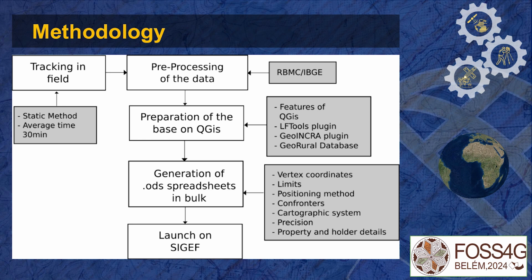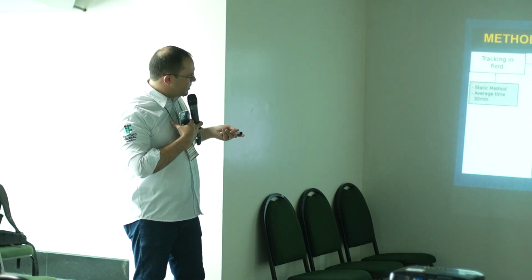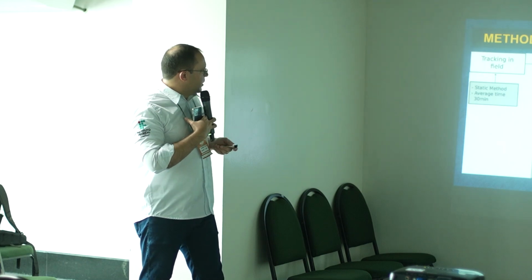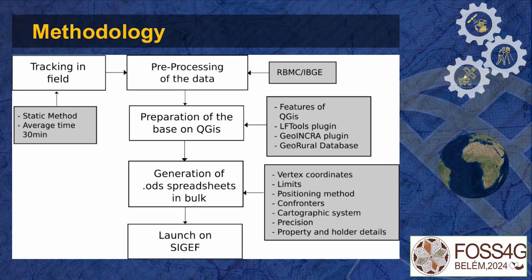The method for collecting the data with GNSS or GPS was the static mode, with an average time of 30 minutes in each point.